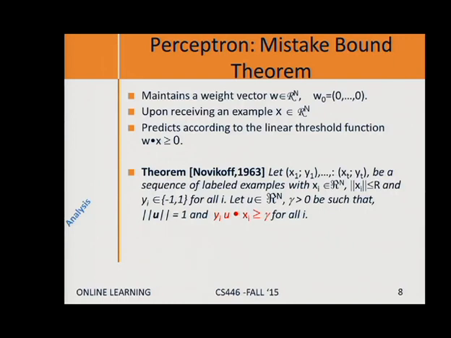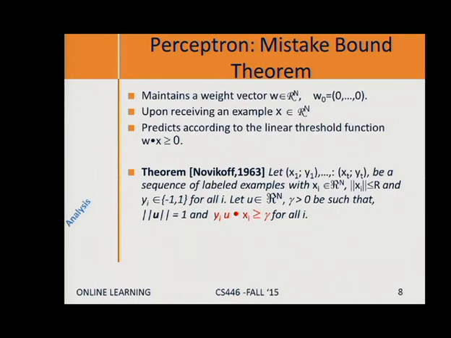But I'm assuming here that yi, the label, times u dot product with xi is greater than or equal to gamma for all i. So first of all, let's read this. This is one statement that can be read in two ways.